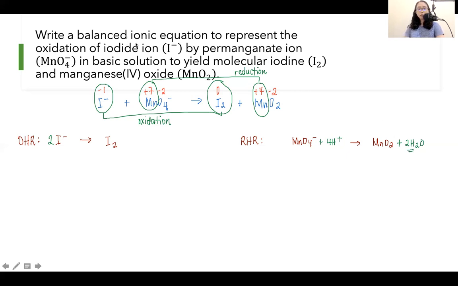After balancing the atoms, the next step is to balance the charges on both sides of the two half reactions. Let's go back to our oxidation half reaction. We count a total charge of -2 on the reactant side and a total charge of 0 on the product side. So we place two electrons on the product side to make the total charges on both sides equal.